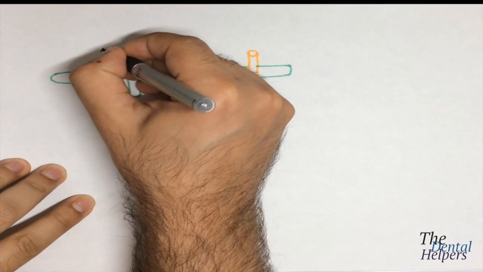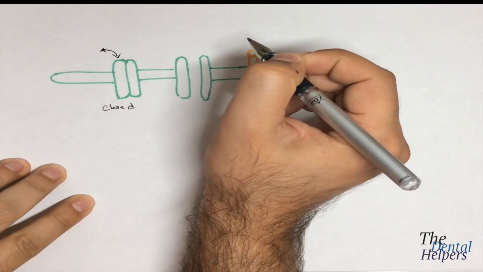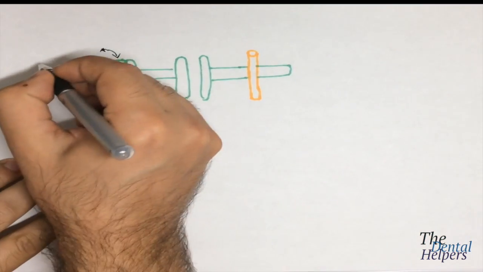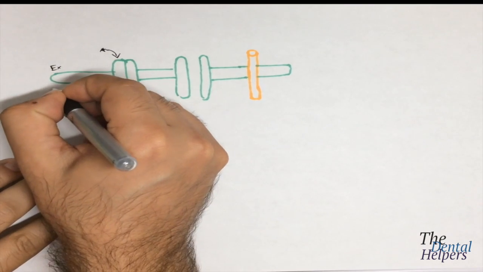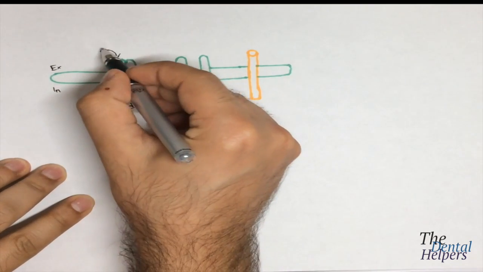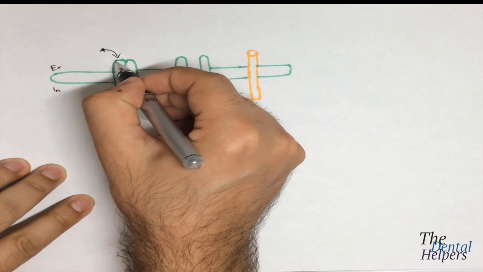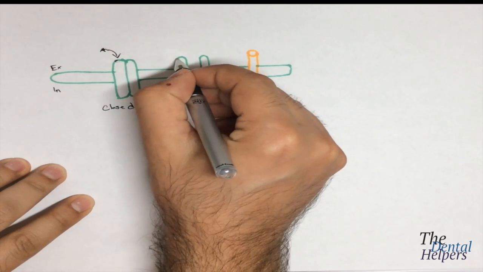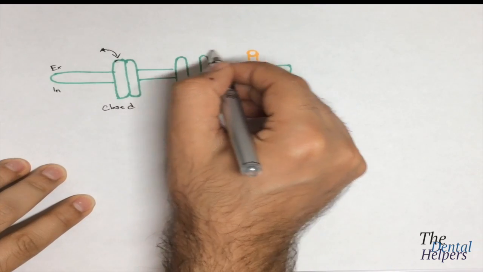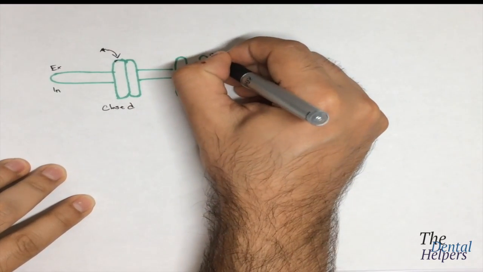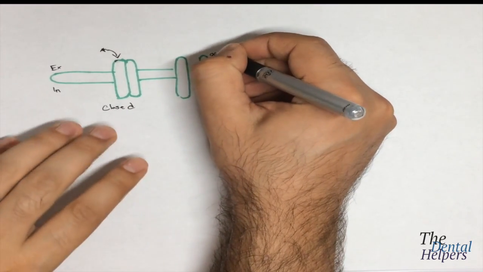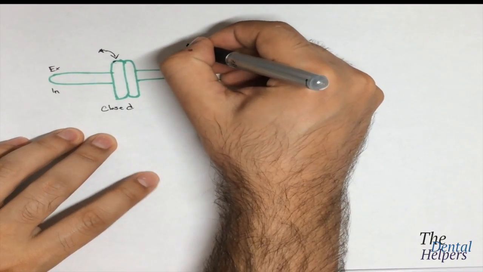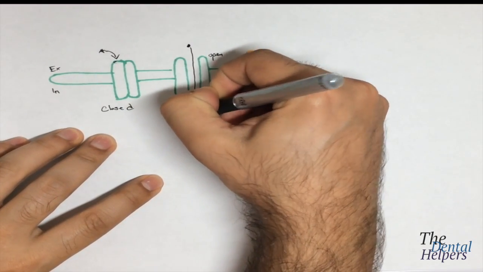Some kind of signal comes to the closed receptor on the extracellular side, and once the signal binds to the receptor itself, it causes a conformational change, allowing the receptor to be open. Once the receptor is open, this allows the transfer of ions.